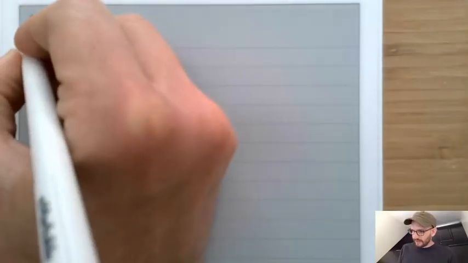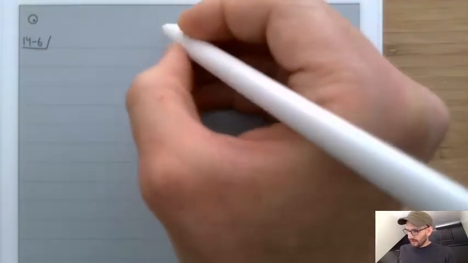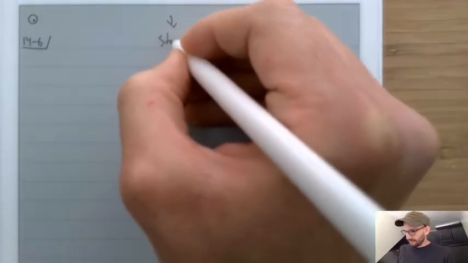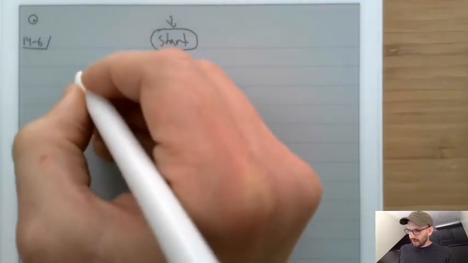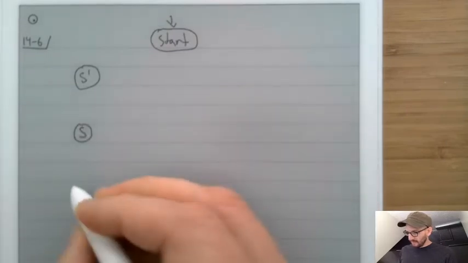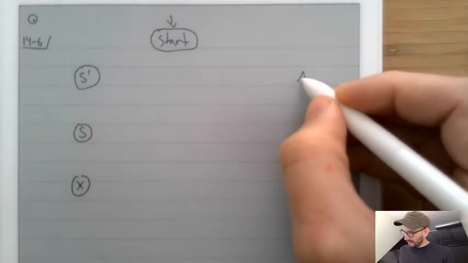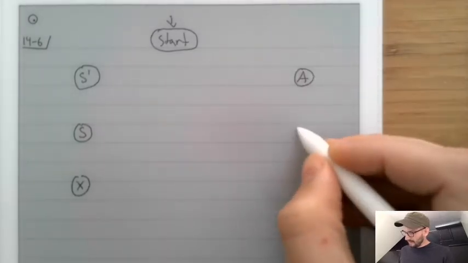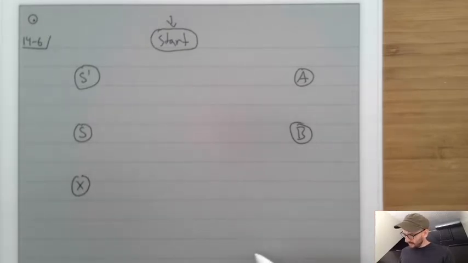Okay. So we have our start state. All right. And we have S prime over here. We have S. We have X. And we have A, B, and I'll put end over here in this corner.